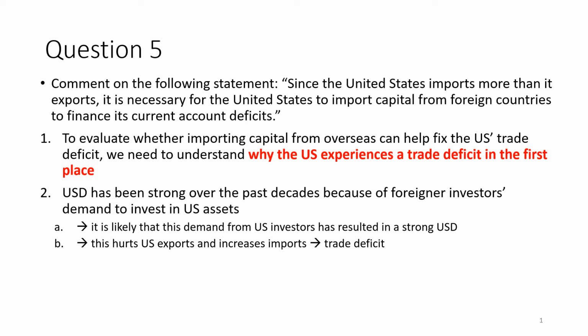And as a result, it's harder for US companies to export relative to their foreign competitors. On the other hand, their foreign competitors find it easier to export into the US, which explains why the US has more imports relative to exports, okay?